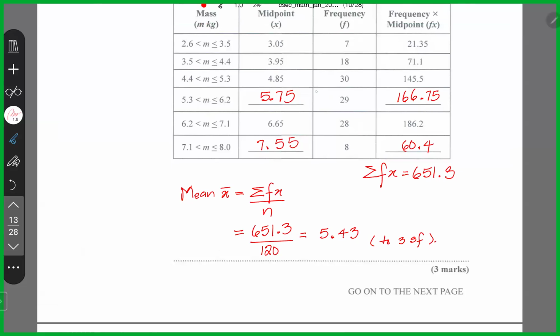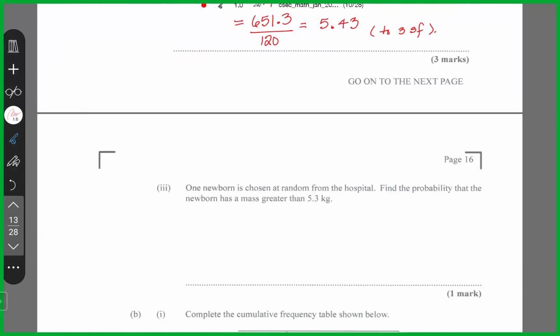All right, well, this class here starts at 5.3. So all of these newborns have a mass greater than 5.3 kilograms. So that's 29 plus 28 plus 8, that is 65.